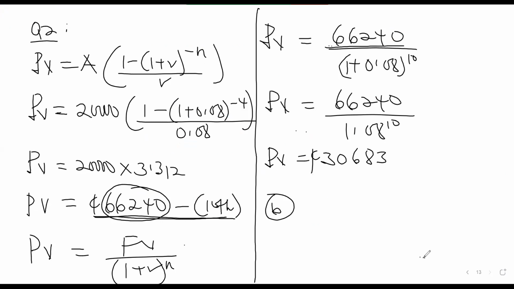The amount we should be getting is 66,240. It's because of the approximation. 3.312 times 20,000 is less than 66,240. It's supposed to be 82.